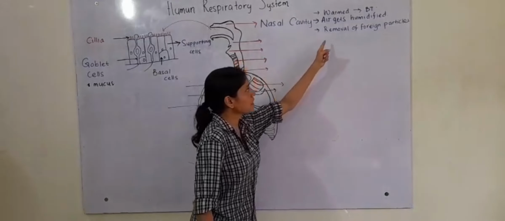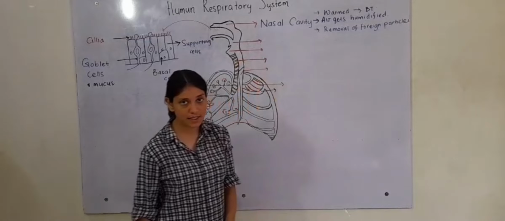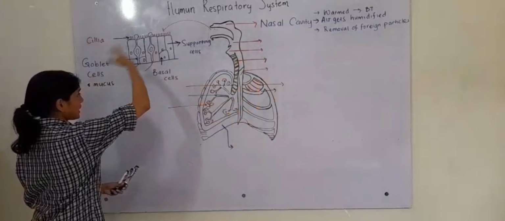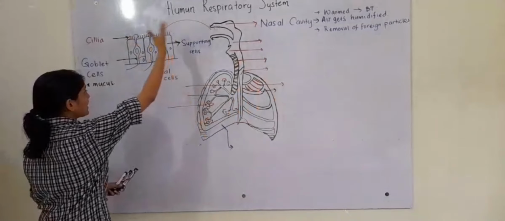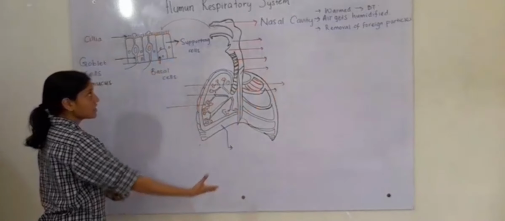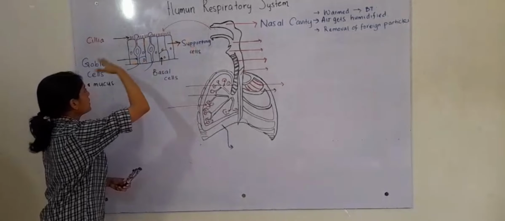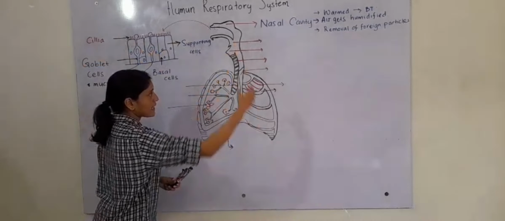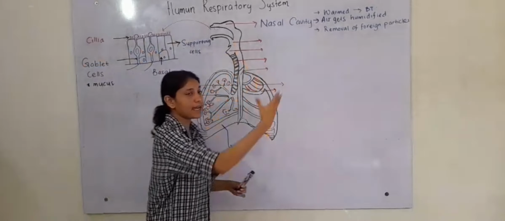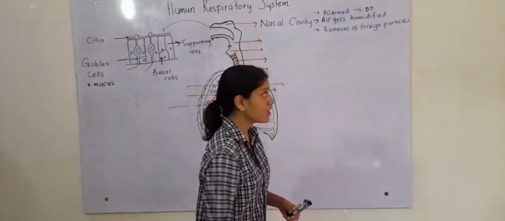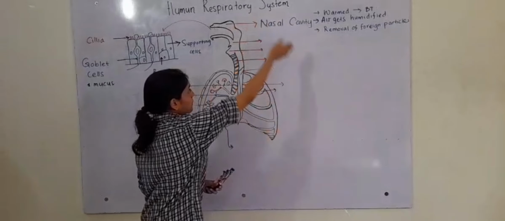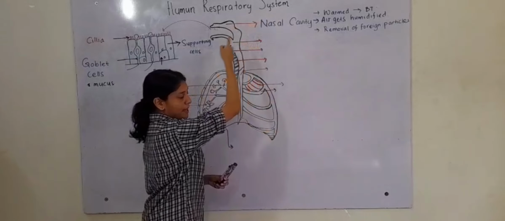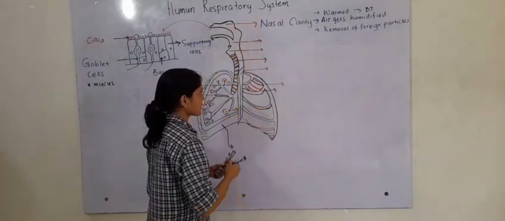And then there is the removing of the foreign particles. I told you the dust particles and harmful microbes get trapped in this hair-like structure, and with the mucus, this cilia is going to rhythmically pass that into the pharynx, and in the pharynx it is going to mix with saliva and be taken out from your body. So that is the nasal cavity. Below the nasal cavity there is a common passage, we call that the pharynx.